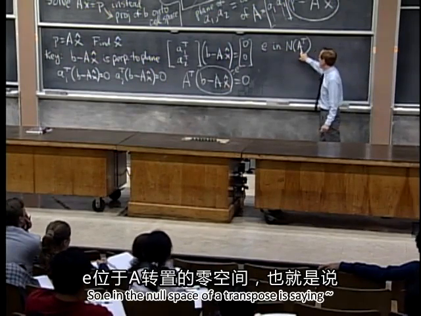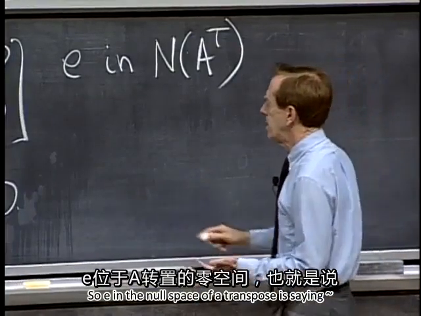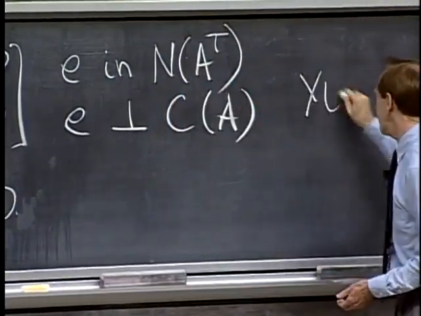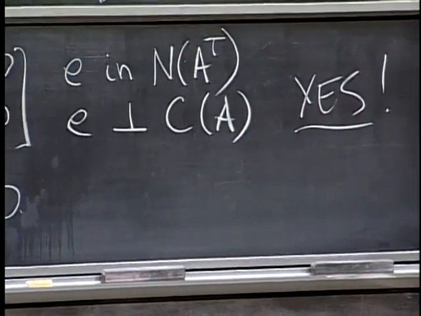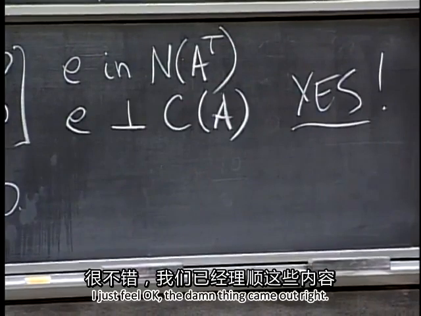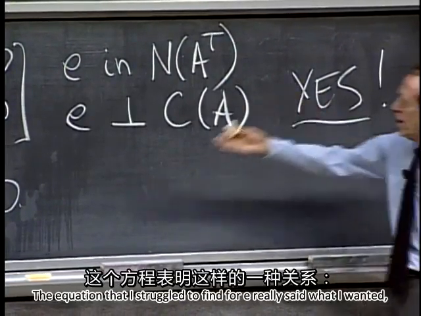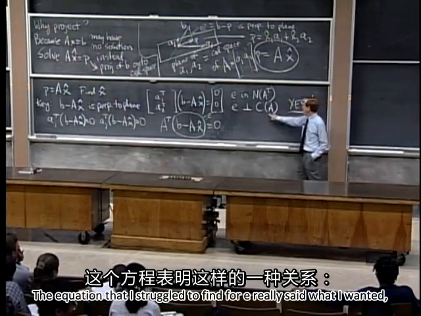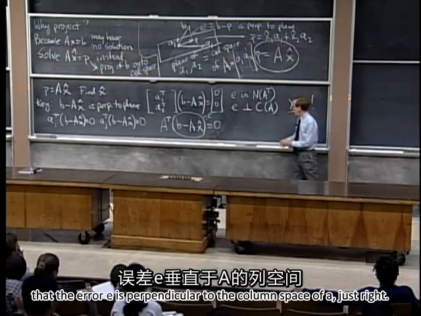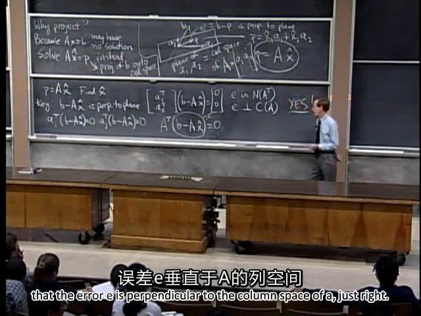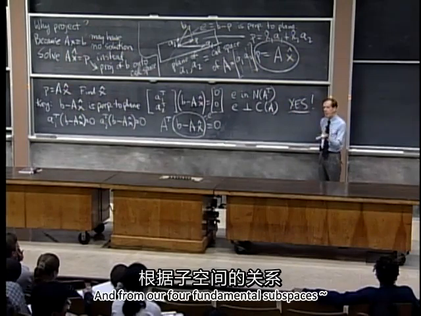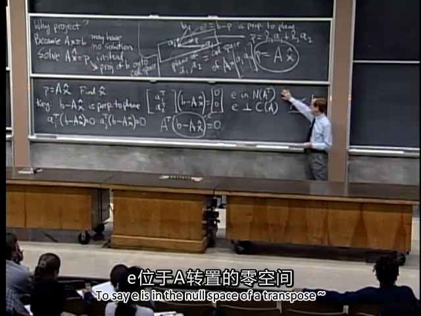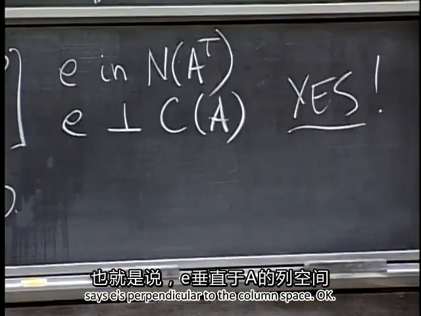So E in the null space of A transpose is saying E is perpendicular to the column space of A. The equation that I struggled to find for E really said what I wanted, that the error E is perpendicular to the column space of A. From our four fundamental subspaces, we knew that to say E is in the null space of A transpose says E is perpendicular to the column space. Okay, so we got this equation.